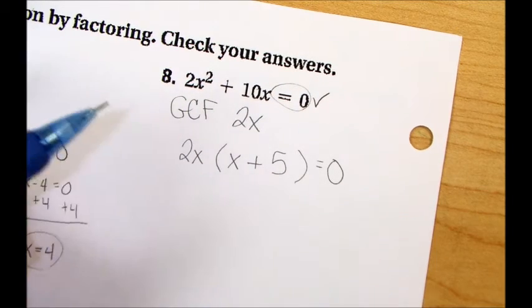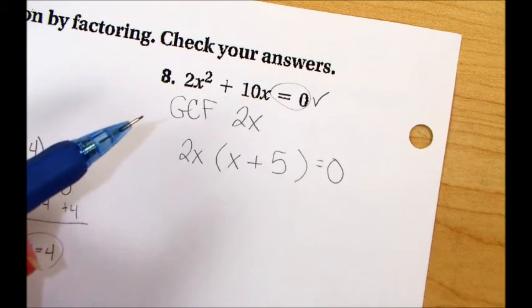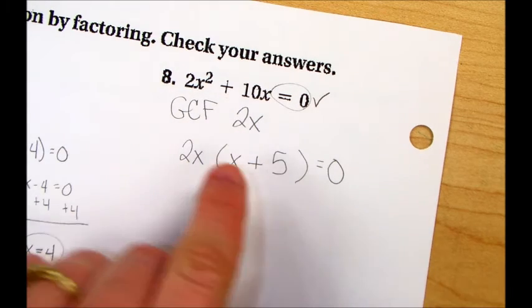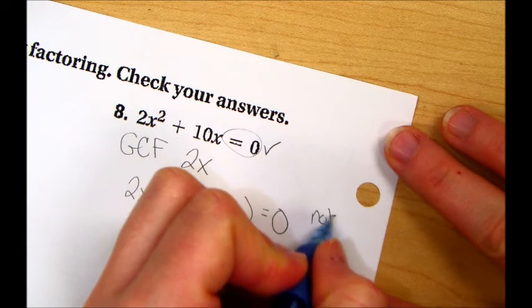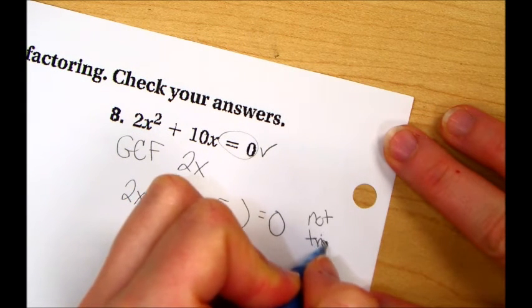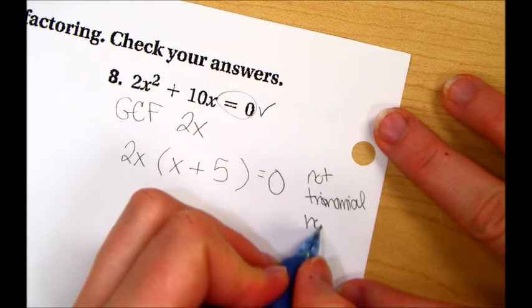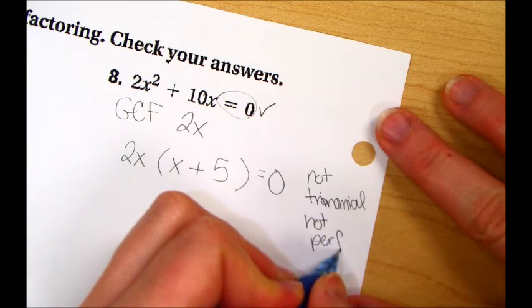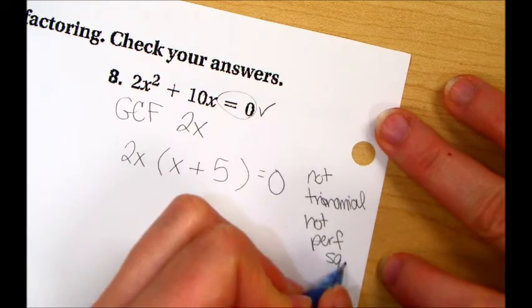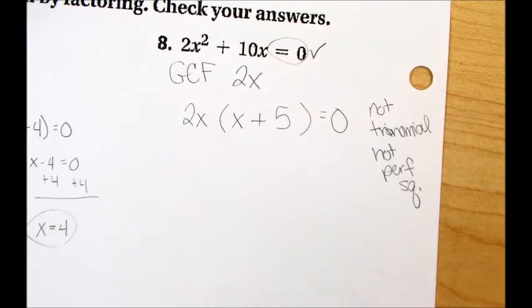Notice this is not a trinomial, so we do not do a, b, and c. Notice these are not perfect squares. I'm going to write that down. So this is not a trinomial, and it is not perfect squares. So it is ready to be solved.